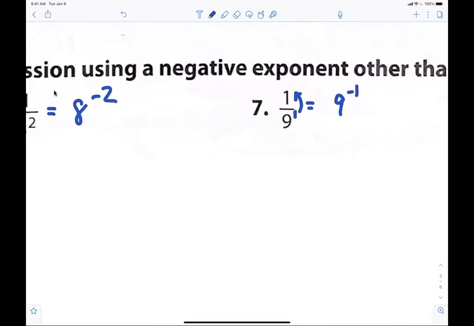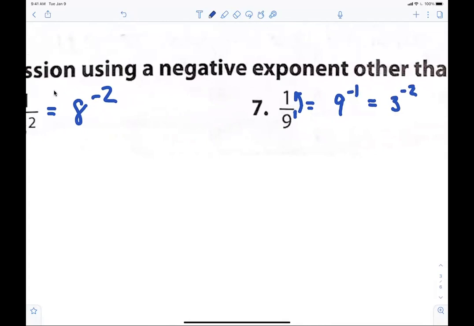I'm totally okay with that. Now, I know it says something other than -1. So now here's how we're going to fix that. Everyone should be able to tell me that 9 is what squared? Aiden. 3. Yeah. So if I wanted to, I could rewrite this as 3 to the -2. I'm not going to put that on the test.